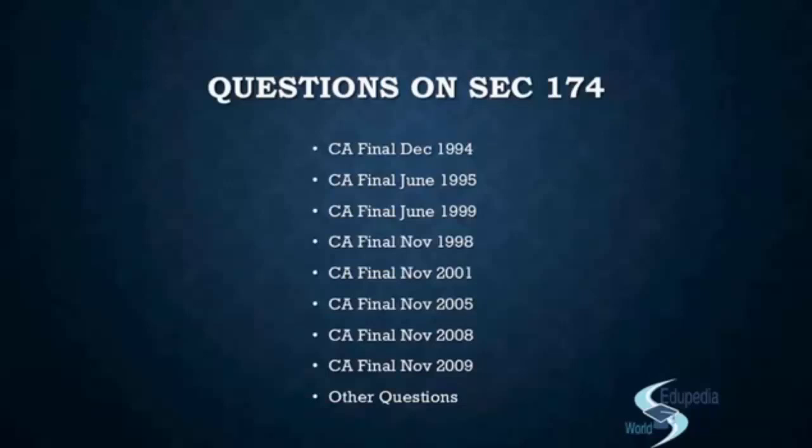Since the adjourned meeting is a continuation of the original meeting, the provisions of section 173 are not contravened, right? That meeting would be deemed to have been held in the calendar year in which the original meeting was supposed to be held.